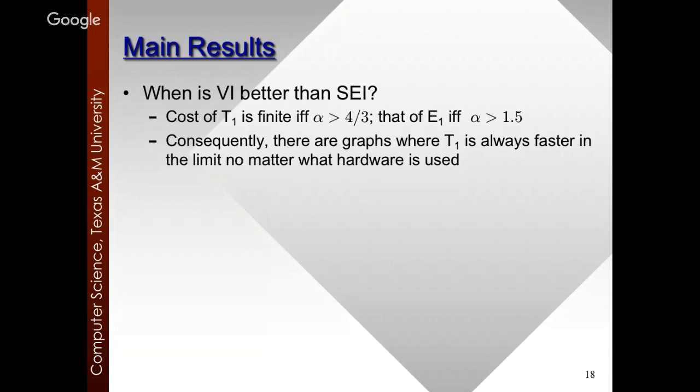And the finite condition for E1 is alpha larger than 1.5. So consequently, this is saying that if alpha falls into the range between 4/3 and 1.5, T1 is always better than E1 in the limit of cost.